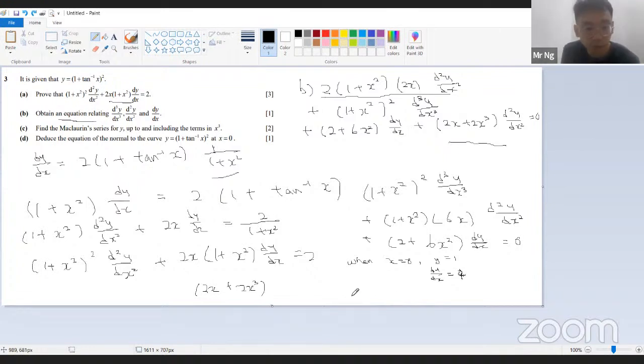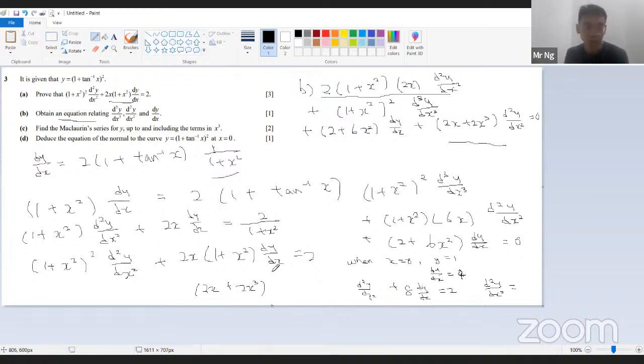So d2 is equal to d2, then after that plus 8 times dy over dx, equals 2, so d2y over dx squared equals this one is 4. There we go, 4. I'm confused. Here 0, right?